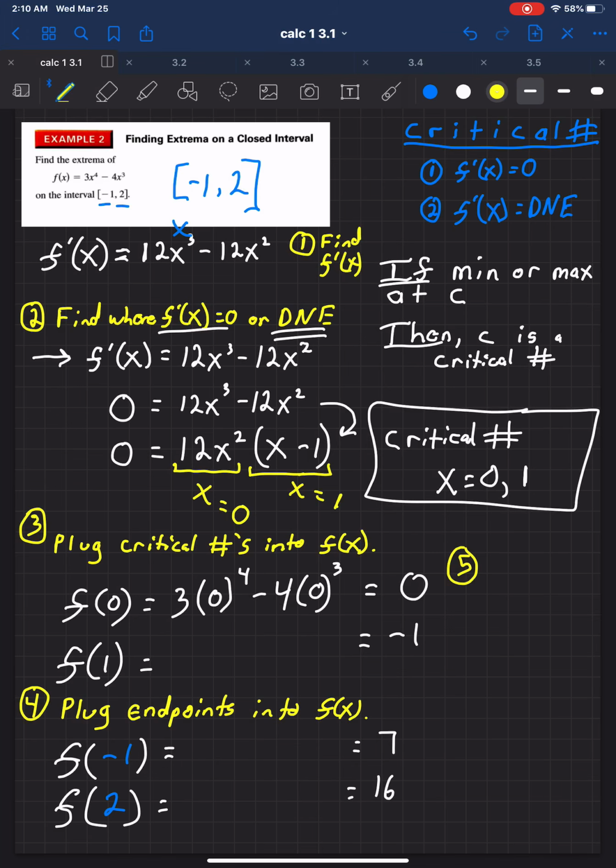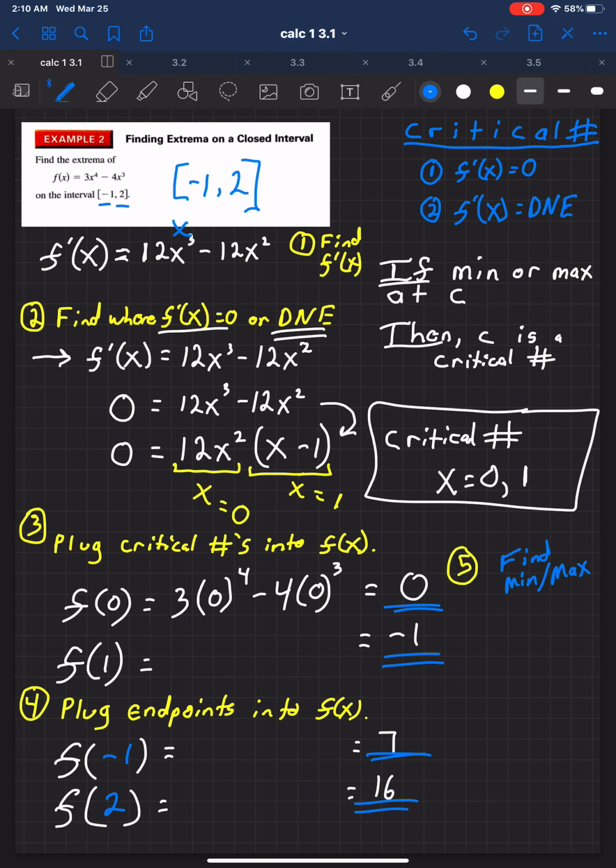Which one of these 4 y values is the largest? Well, that's where your max is. Which one's the smallest? Well, that's where your minimum is. Okay? So step 5 is to find the min and max.